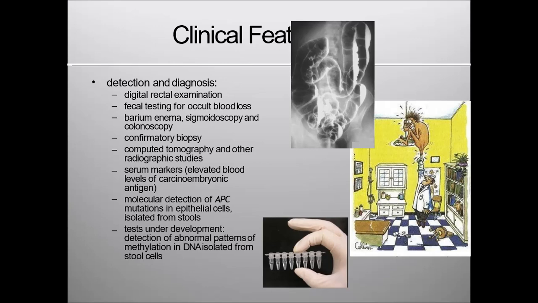For staging purposes, CT scan of the chest, abdomen, and pelvis is done routinely, and serum tumor markers, the CEA level, which is raised in colonic carcinomas, and molecular detection of the APC gene, because there are mutations in the APC gene.